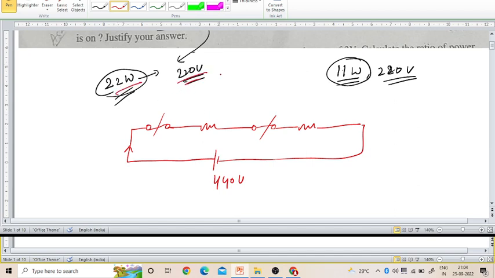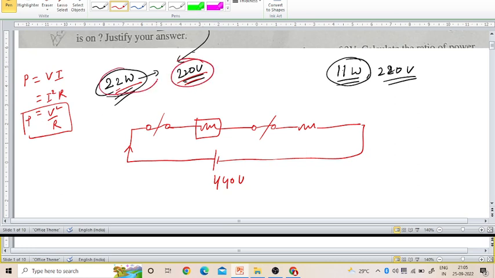First of all, this is power, and power is simply VI, but there are other equations for power also, like I square R or V square by R. We are going to use this formula because we have to calculate the resistance first, and we have been given only the voltage and the power.